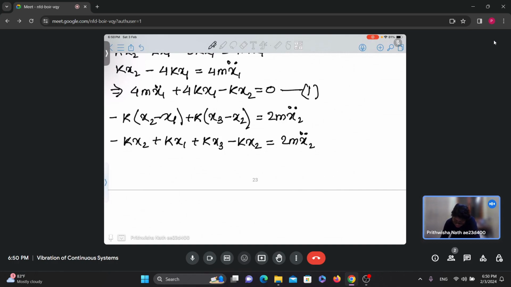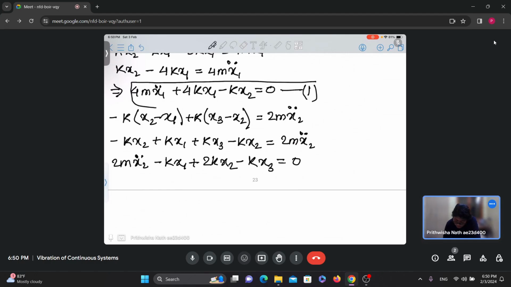So this becomes 2m x2 double dot minus kx1 plus 2kx2 minus kx3 equals 0. So this is the second equation.